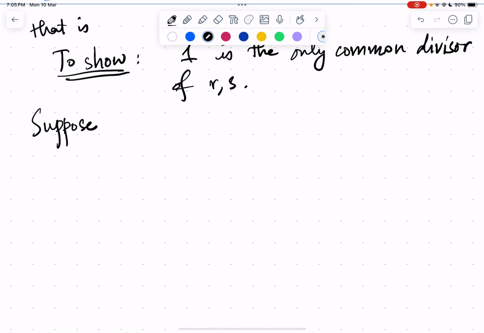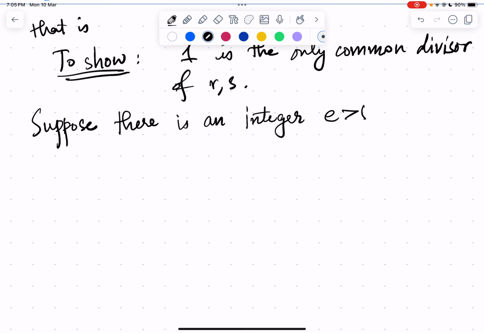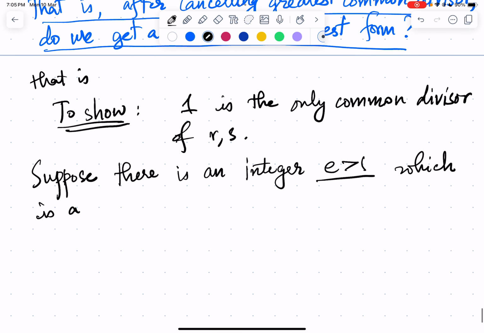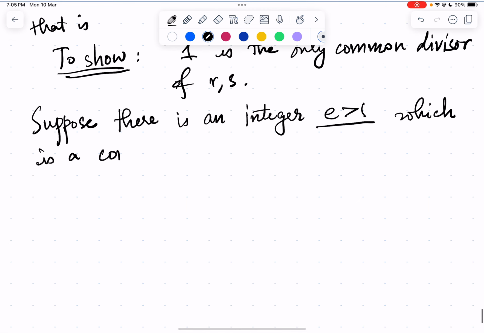Suppose there is an integer e greater than 1 which is a common divisor. We are assuming there is an integer e which is greater than 1 which is a common divisor. Suppose there is some common divisor of r and s which is greater than 1.